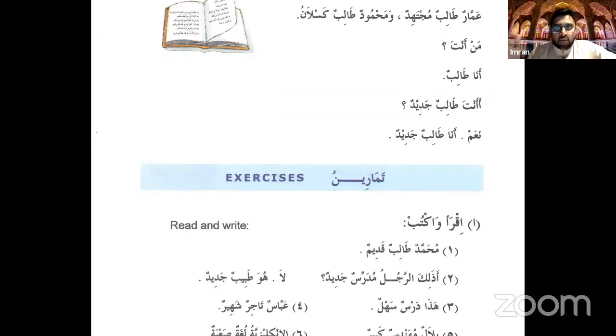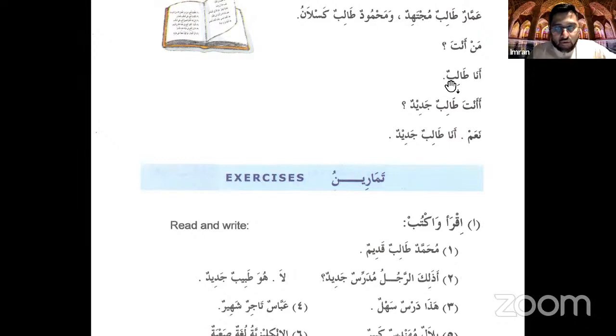So i'rab could be all of the harakat of the letters. But when we're talking in Arabic, i'rab means three things. All nouns have three endings. A noun can come with a dhamma tanween, fatha tanween, and a kasra tanween.